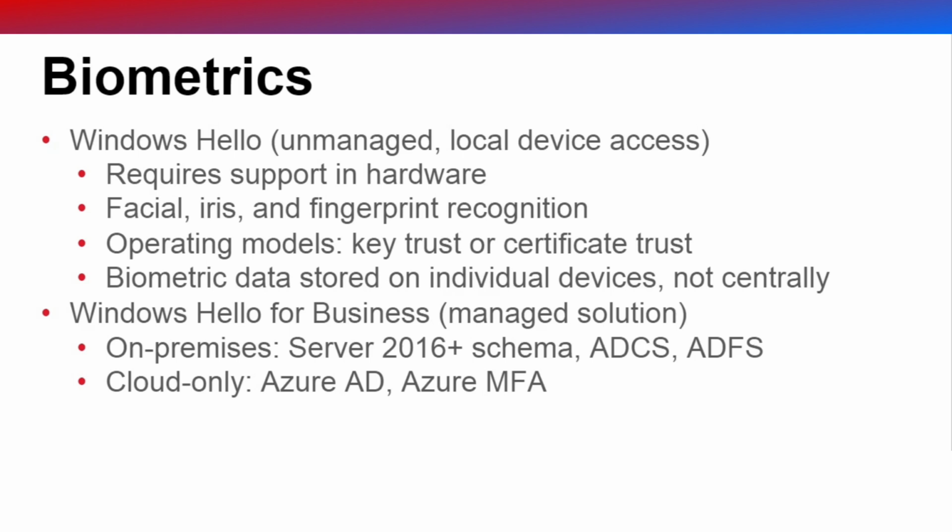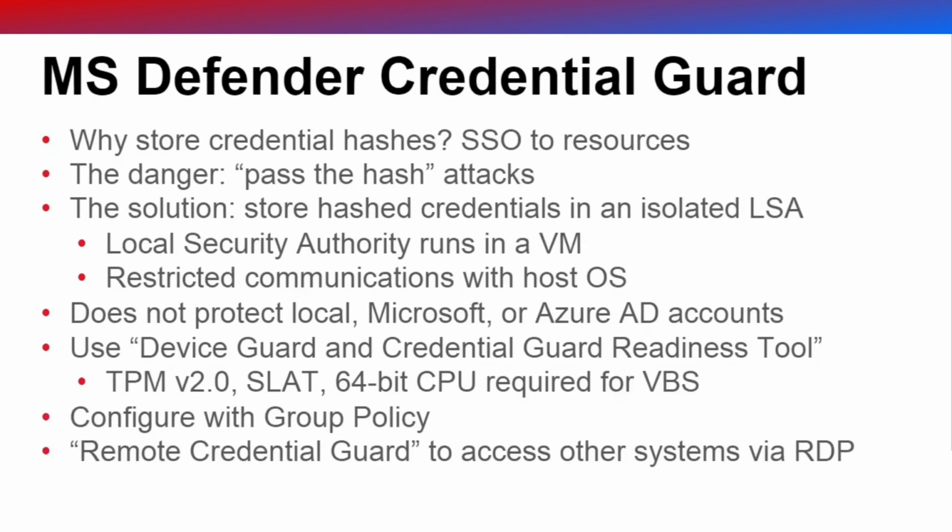It's a bit easier, actually, if you're looking at the cloud, because you can just use Azure AD and Azure multi-factor authentication. You don't need to configure all the other stuff that we have to configure on an on-premises network. So biometrics are very helpful in the sense that there's no one central database for biometric credentials.